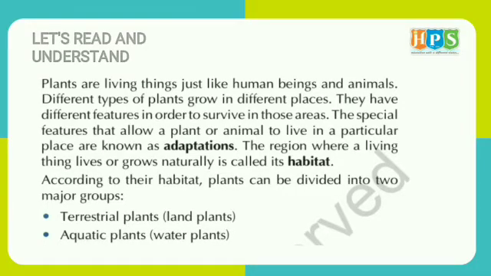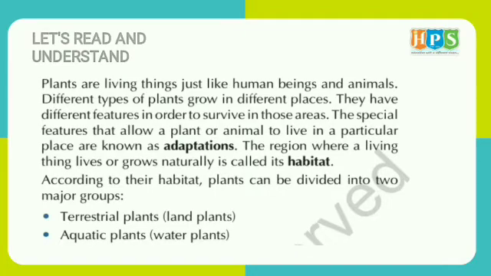The region where a living thing lives or grows naturally is called its habitat. According to their habitat, plants can be divided into two major groups: terrestrial plants and aquatic plants.